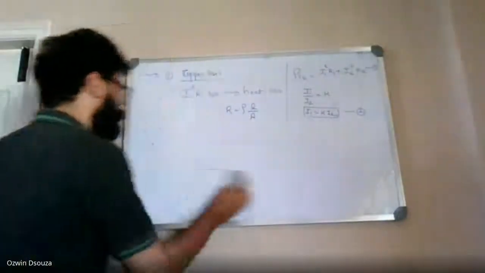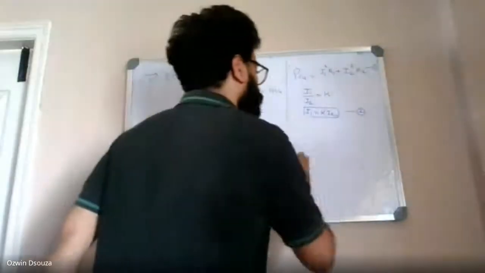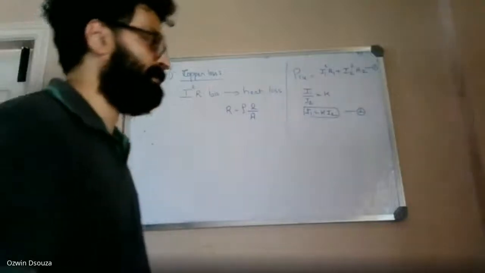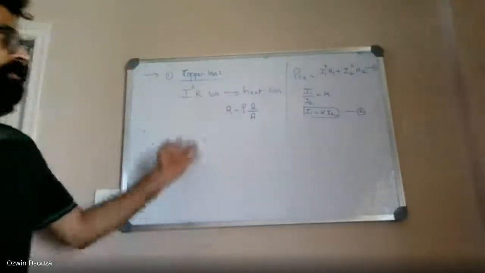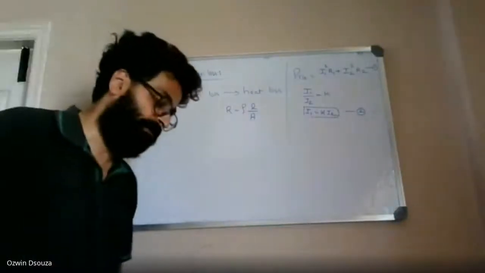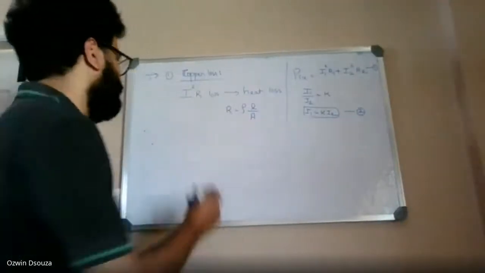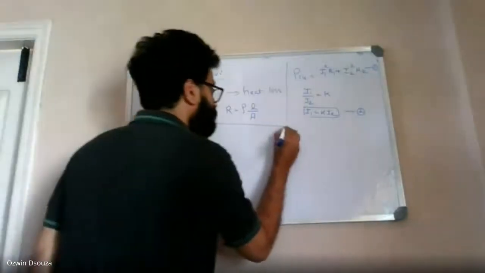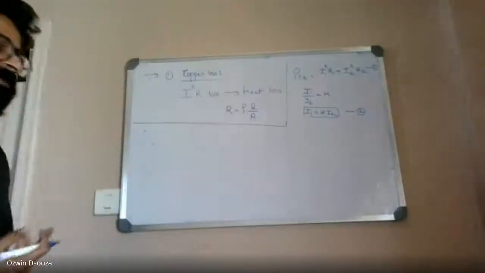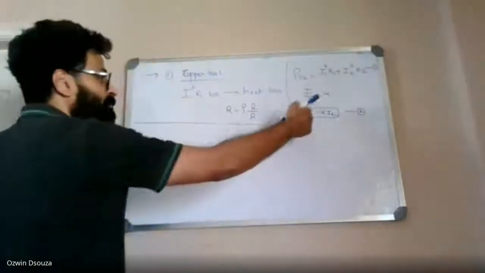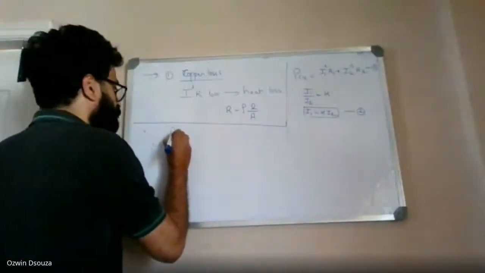So let us refer the losses either to the primary side or to the secondary side. That is the standard way which is employed in case of transformer. Okay, so let's substitute 2 in 1. So what do we have?